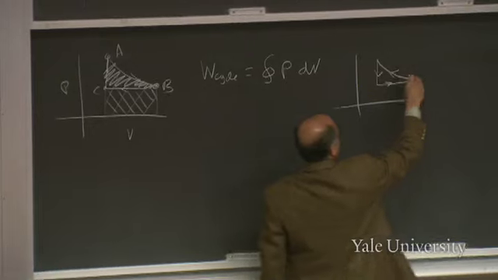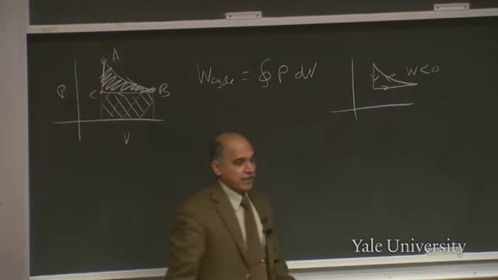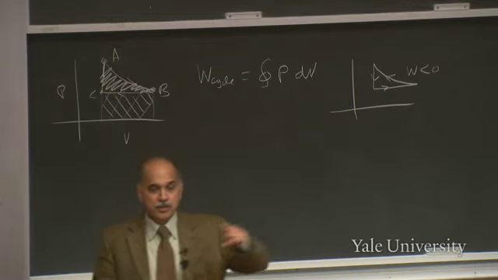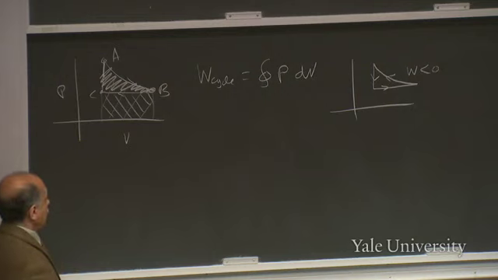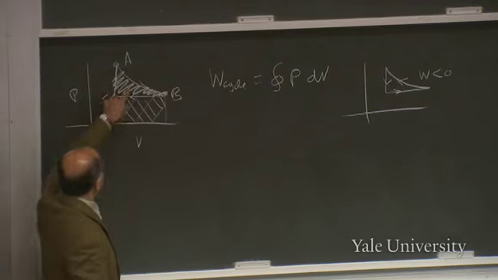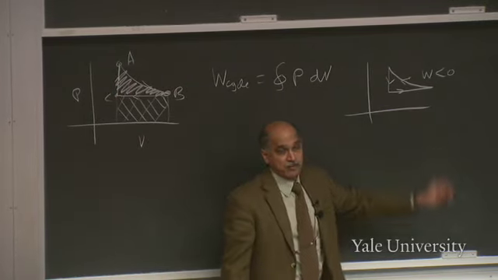Here, it's the same amount of work, but the net work is negative. So you've got to be careful that you describe the sense in which you do the loop. So the same loop, as a geometrical figure, has the same area, but the work done by the gas is positive in this case and negative in this case, and you can use common sense to find out if it's positive or negative.